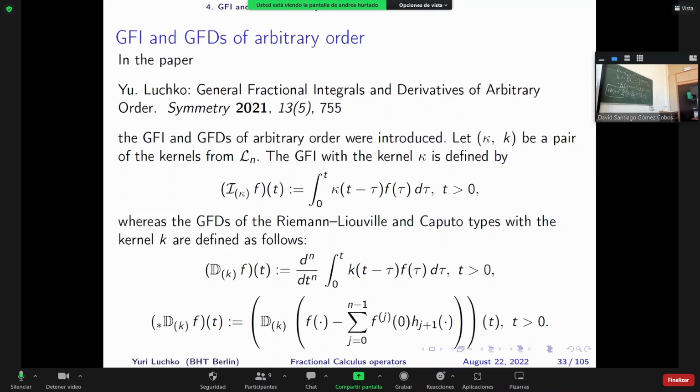Even the sum is the same, and it's not occasional. We will say later on that the form of this term follows from the second fundamental theorem for the general fractional integrals and derivatives of arbitrary order.